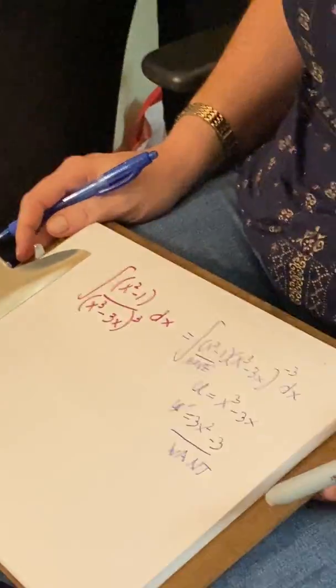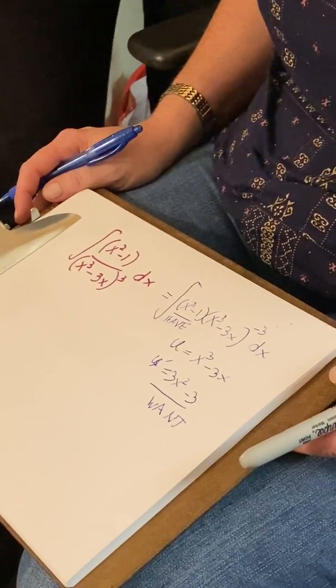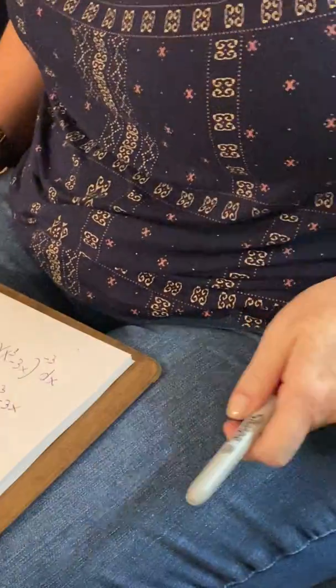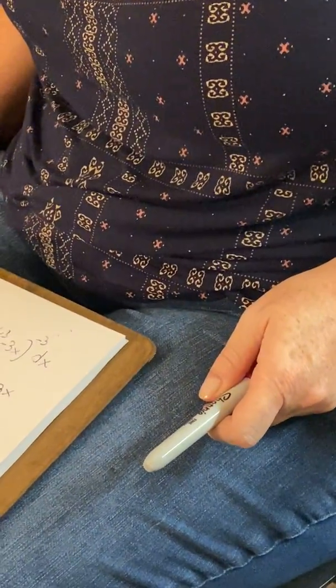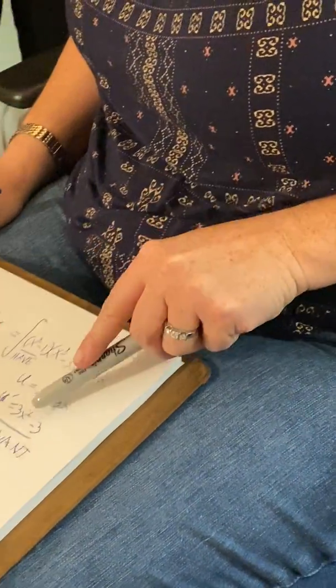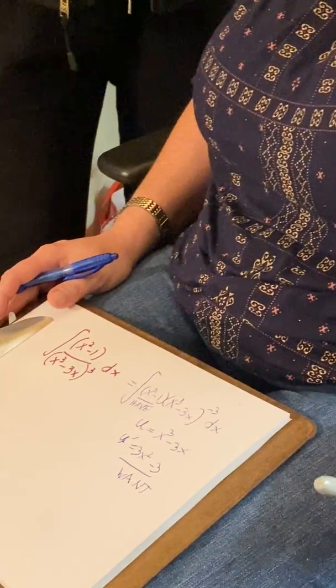So you already have this, but you want that. Look at the first term and see if it works. How do I make x squared look like 3x squared? Multiply by 3. Good.